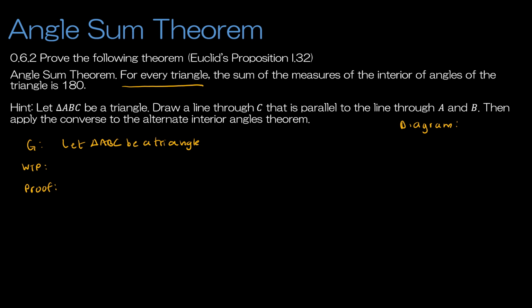What am I trying to prove? I'm going to go ahead and draw the triangle because it helps to have something to look at. That the sum of the measures of that triangle are equal to 180 degrees. Two ways to write that. I can say that the measure of angle ABC plus the measure of angle BCA plus the measure of angle CAB is equal to 180.